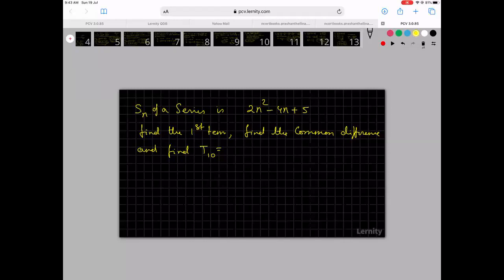Yeah, the sum of n terms of a series is given by this much, 2n squared minus 4n plus 5. The question is find the first term, find the common difference, and find T20.